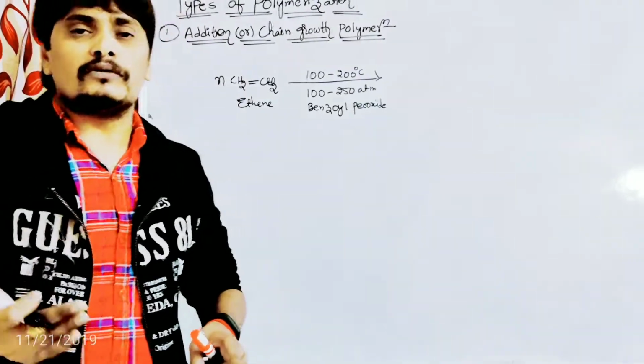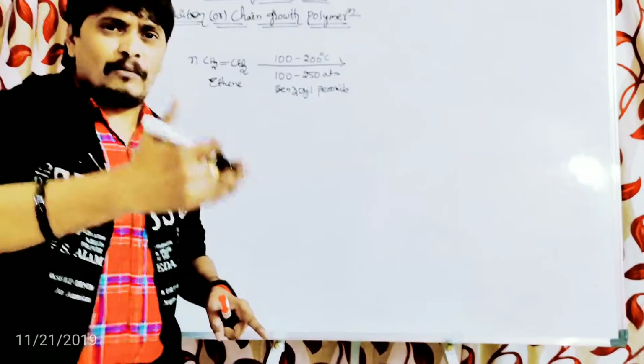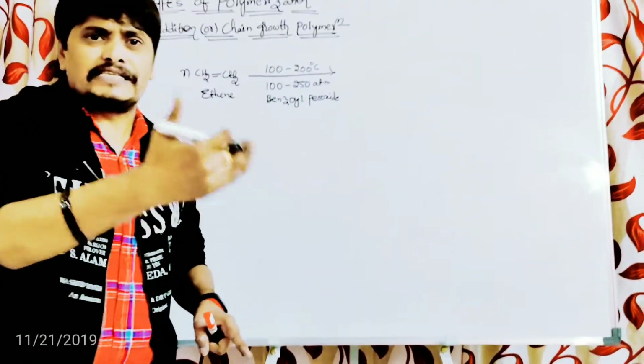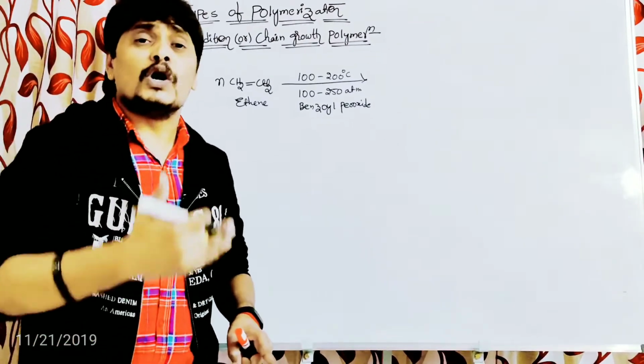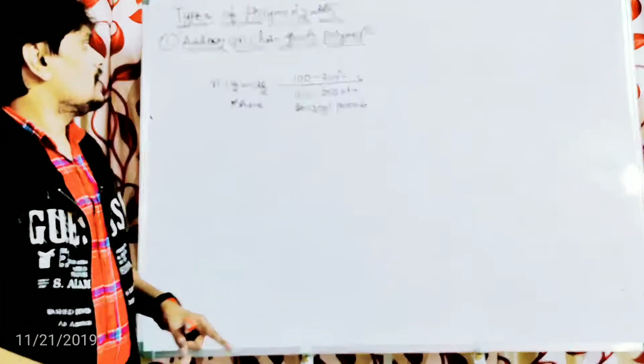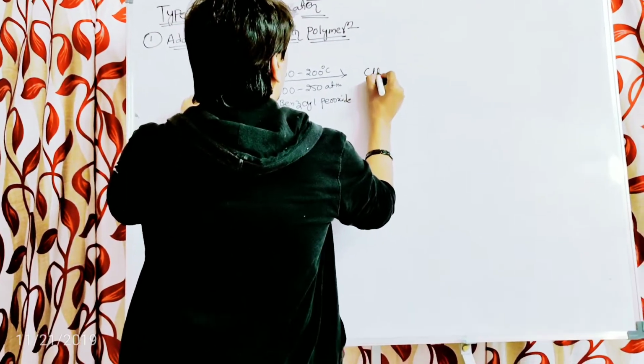So we'll come to know exactly why the double bond is getting converted to the single bond and the single bond is getting converted into the double bond during the copolymerization. So in this, what happens? CH2 remains the same.